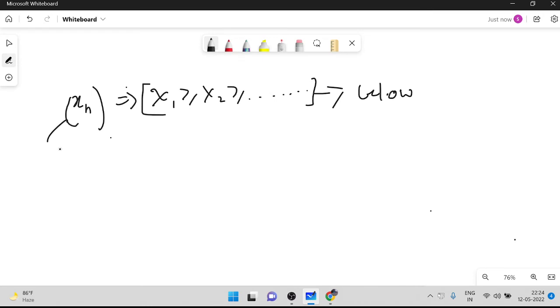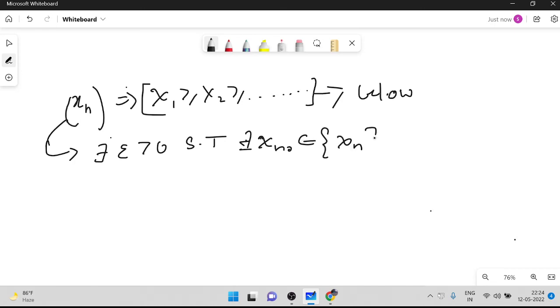By the LUB property, there exists an epsilon greater than 0 such that there exists an x0 belonging to the sequence xn such that this is the LUB, L minus epsilon.